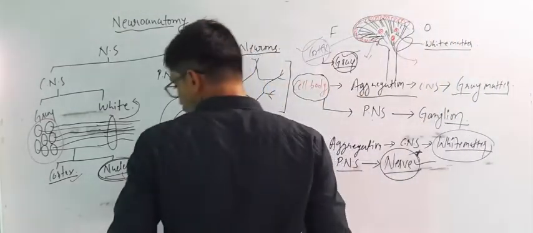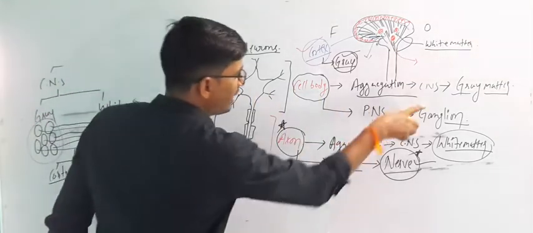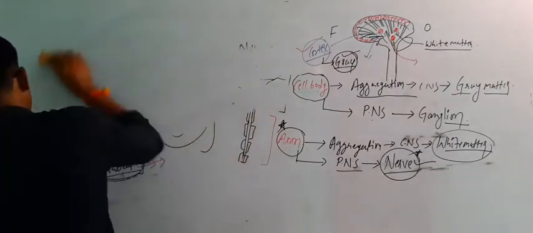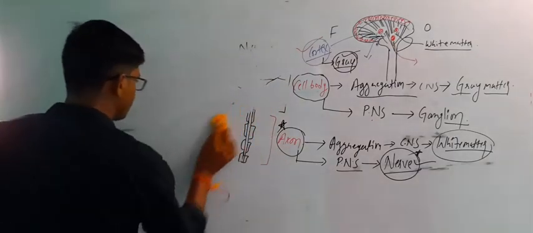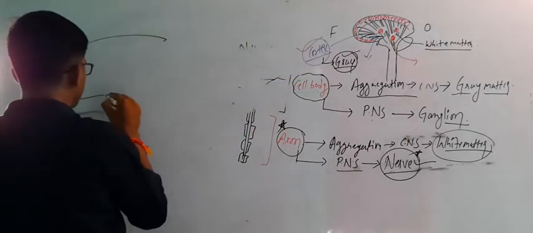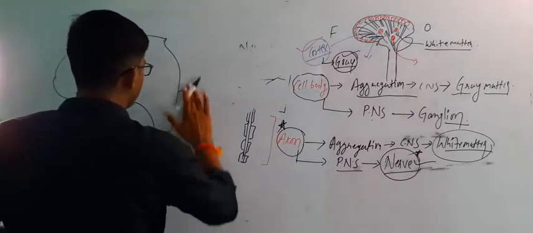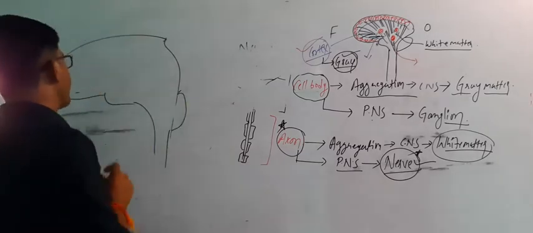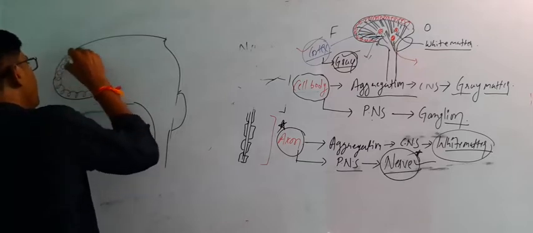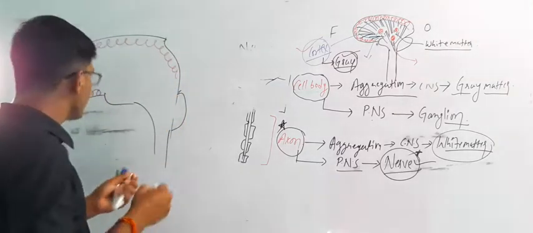Now I should tell you something about the white matter also. Here is the brain diagram. This is the gray matter, and here are the fibers.